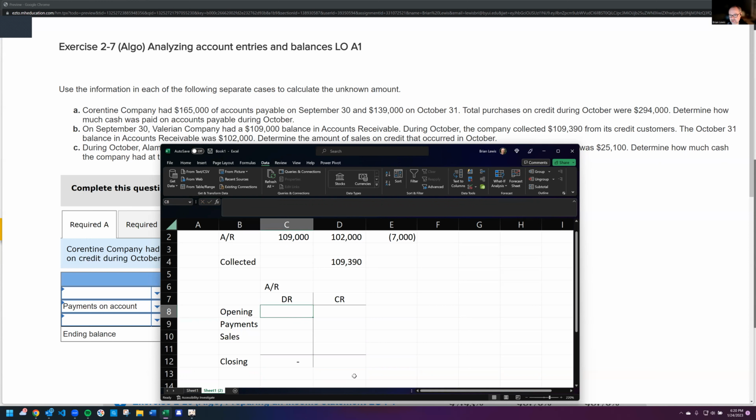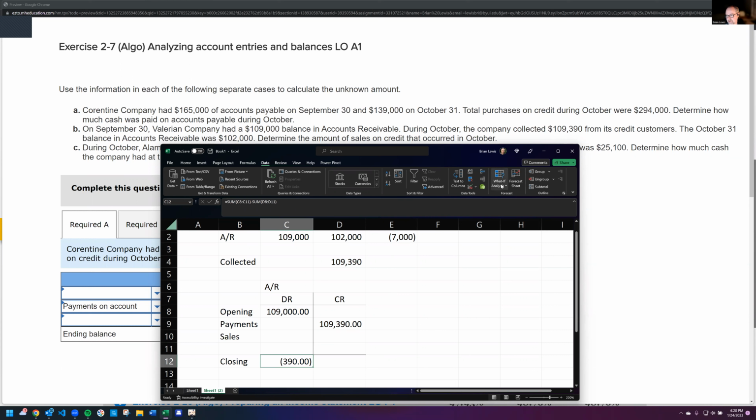Opening balance is 109, right? Collected is a credit, 109,390. So the question is, what's sales? And sales on credit are going to increase accounts receivable. So same type of thing. We need to get the closing balance to the 102.